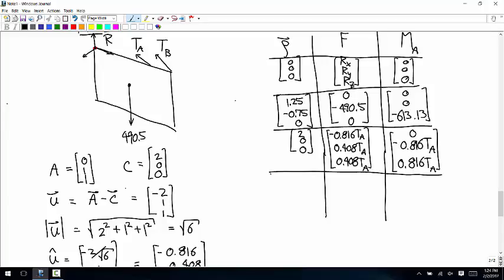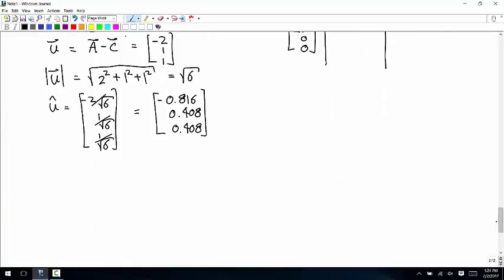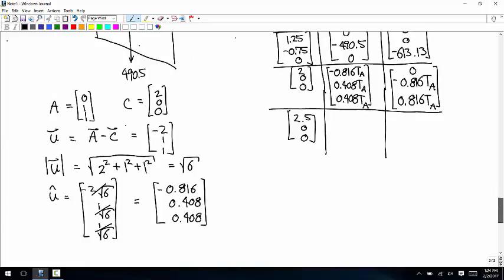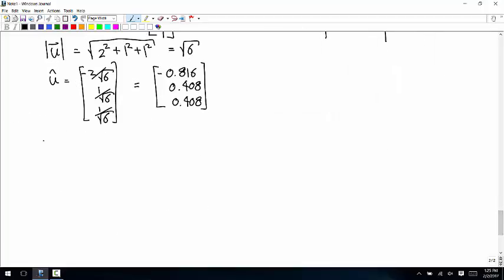So then we're going to use the same procedure for the other cable. What's the row vector for the second cable, the one connected at D? Yeah, 2.5, 0, 0. The force vector, we're going to do that the same way. So this was for that TA. Now we're going to do the same thing for TB.